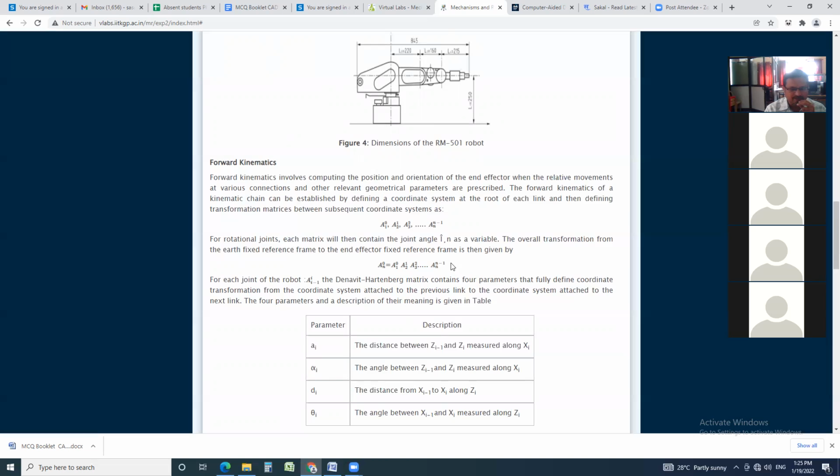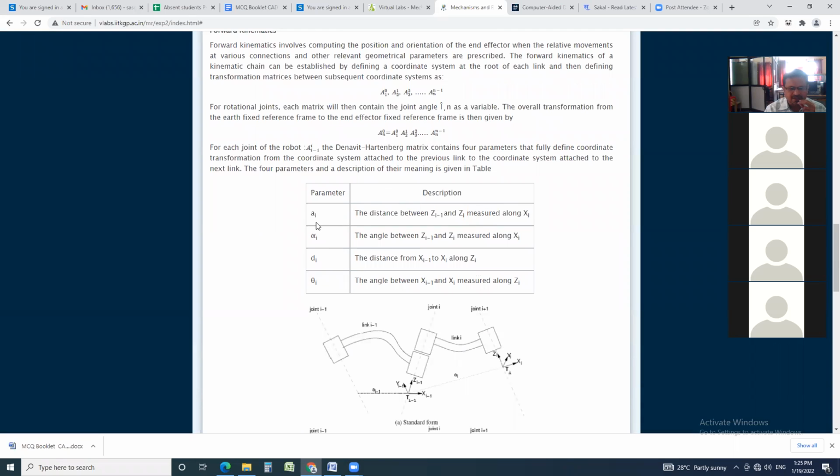up to An minus 1. For each joint of the robot, the matrix Ai minus 1 i, the Denavit-Hartenberg matrix, contains four parameters that fully define coordinate transformations from the coordinate system attached to the previous link to the coordinate system attached to the next link. The four parameters and the description of their meaning is given in the table.